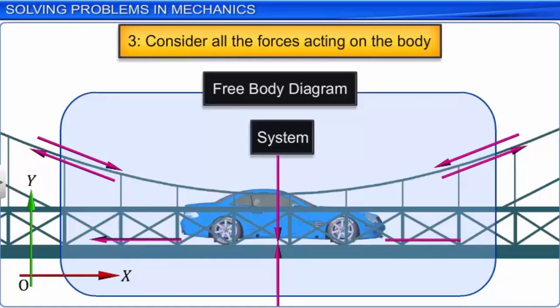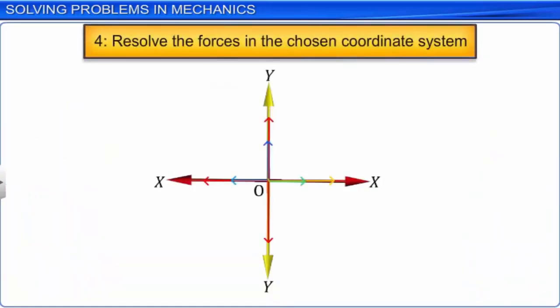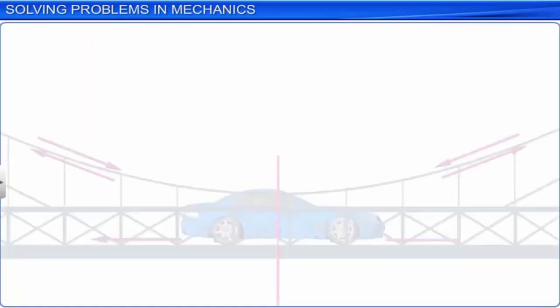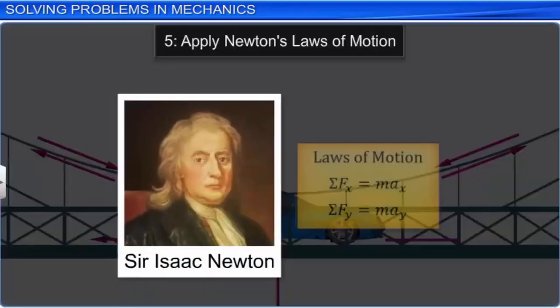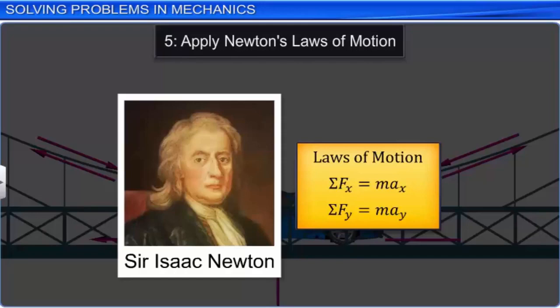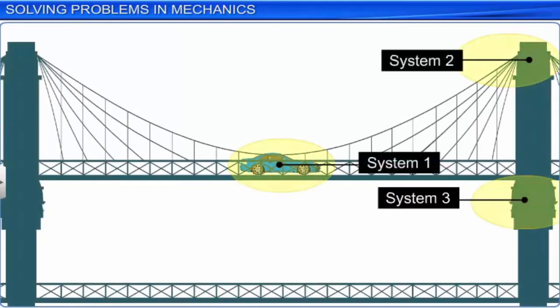Then we resolve all these forces along the chosen coordinate system. Finally, we can take the help of Newton's laws of motion to determine the magnitude and direction of unknown forces. If the problem at hand requires an analysis of multiple systems in an environment, we follow the same procedure for each individual system.